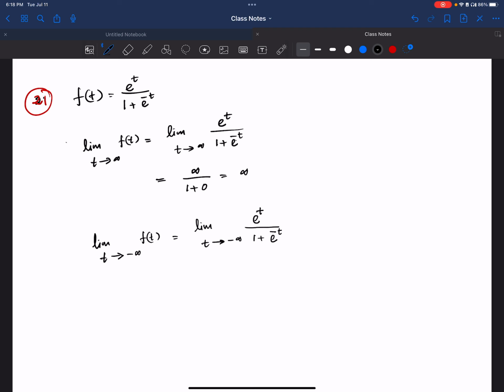Even though this is a large number, the whole thing goes to 0. So this has only one horizontal asymptote, y equals 0, and the other is not a horizontal asymptote because it goes to infinity.